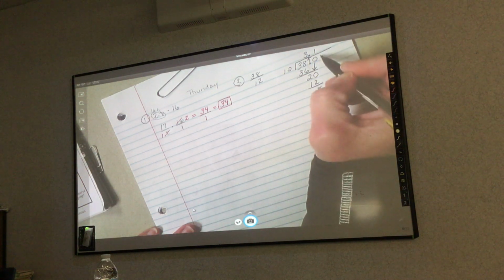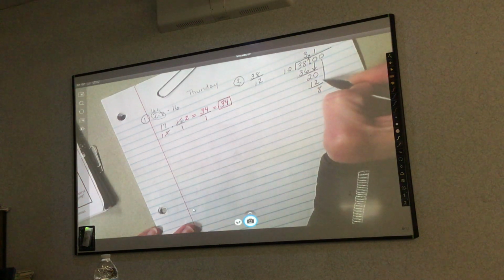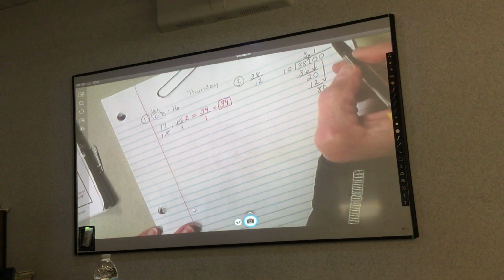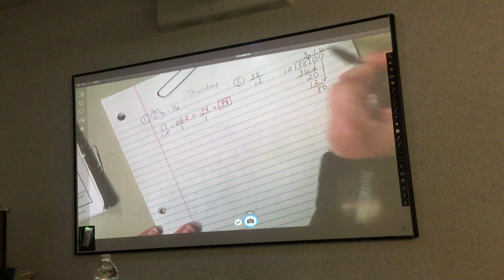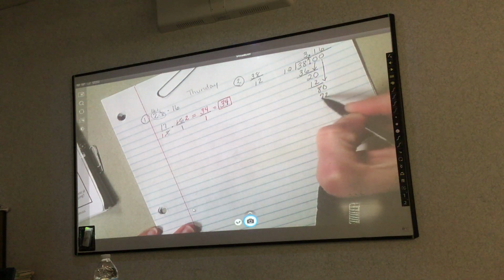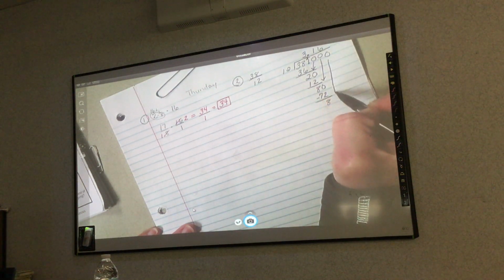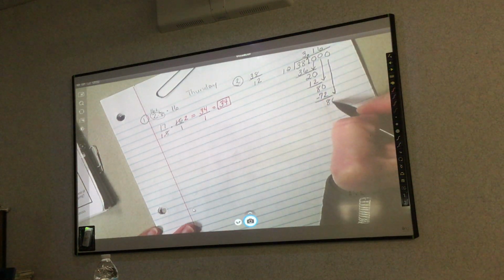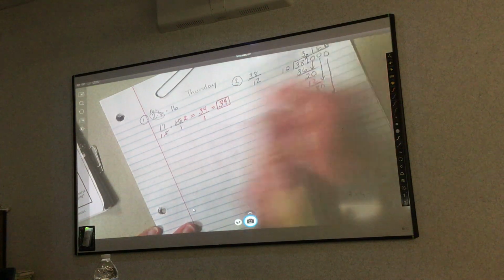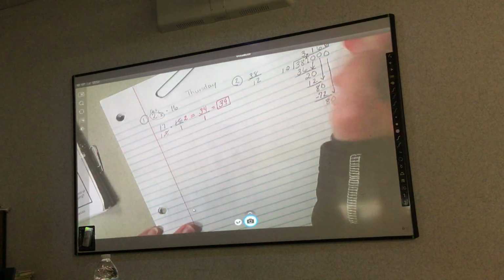8 left. Add a 0, bring it down. 12 goes into 80 6 times, which is 72. 8 left. It repeats, but we need to finish this one because it says round to the nearest cent.